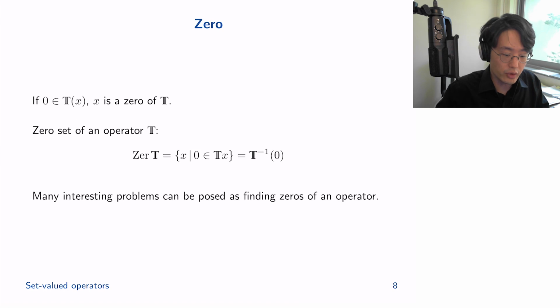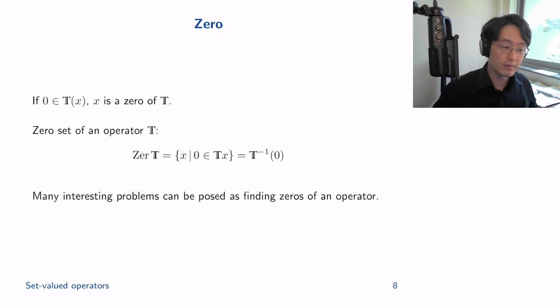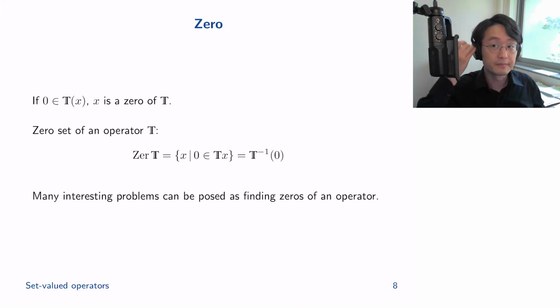Next, let's define the notion of a 0. In the context of functions, single-valued operators, this notion of a 0 is often referred to as a root, but in this class we won't use the word root, we'll be saying a 0.